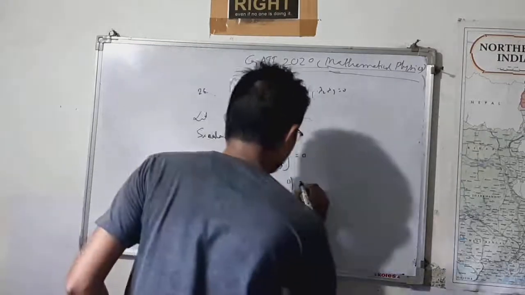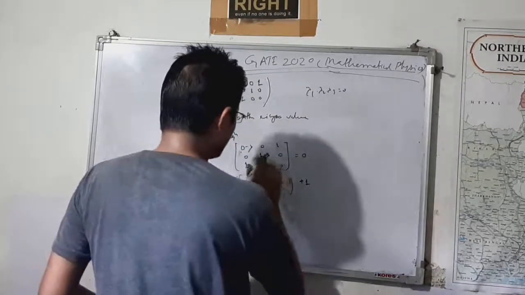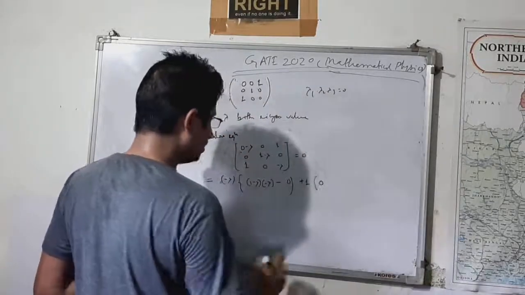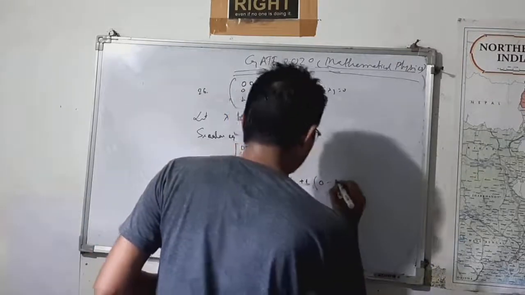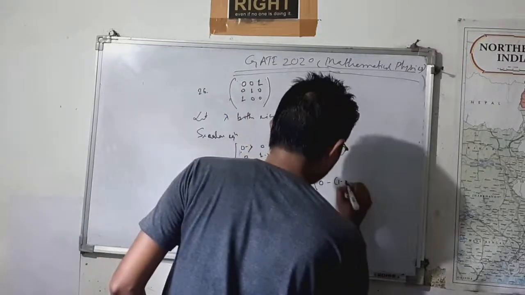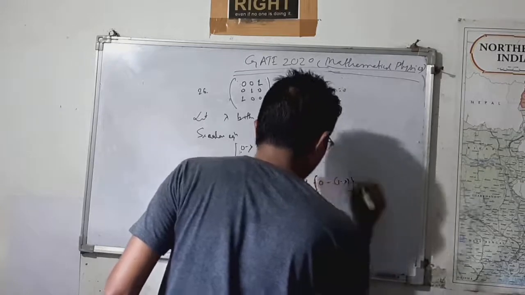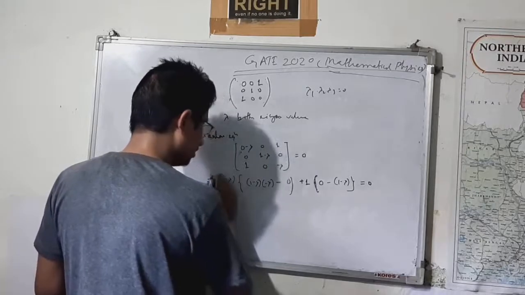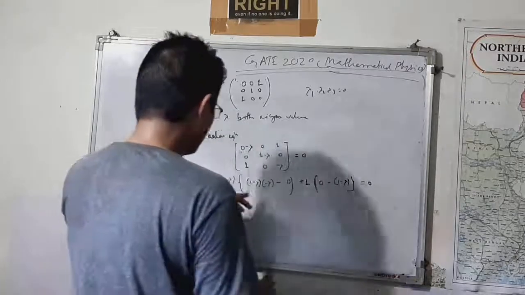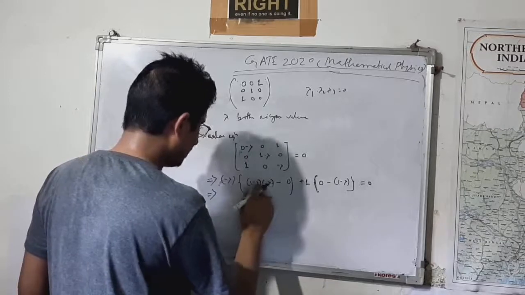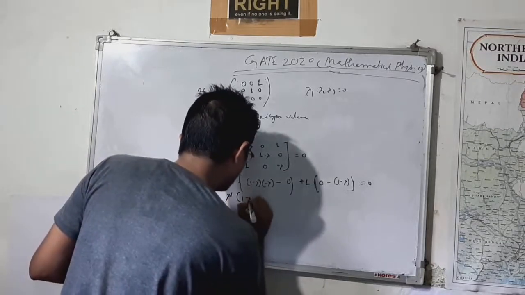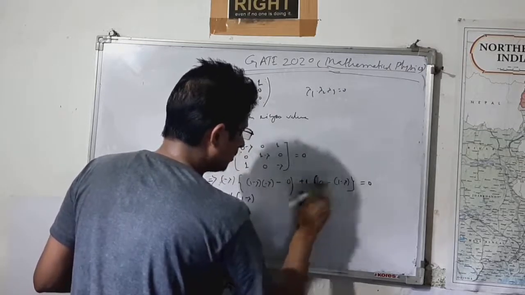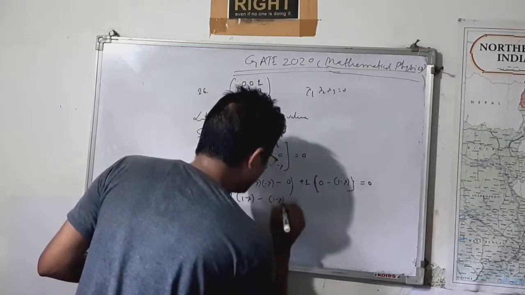The third term is simply plus 1 times (0 into 0 minus 1 into (1 minus lambda)). So minus lambda into minus lambda is lambda square, times (1 minus lambda), and plus 1 into minus, so it is minus (1 minus lambda), is equal to 0.